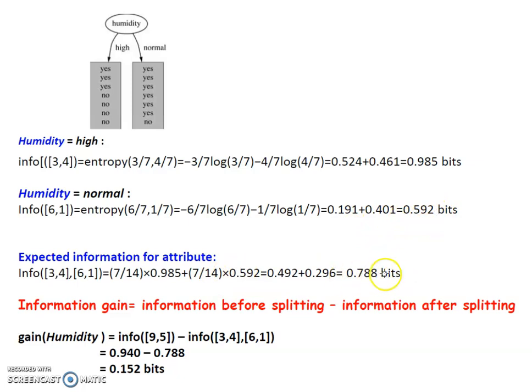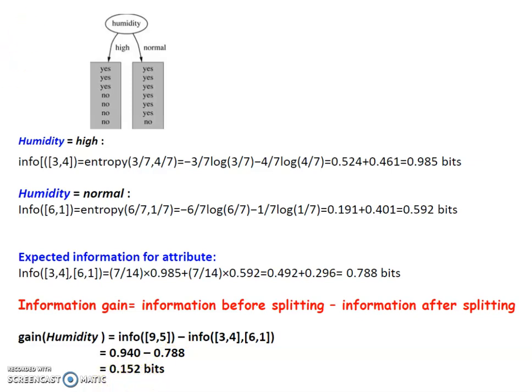So this is the information of the attribute humidity. Now we calculate the information gain for humidity, which is before splitting minus after splitting. The total information is 0.94, and for humidity it is 0.788. So the information gain for this variable is 0.152.